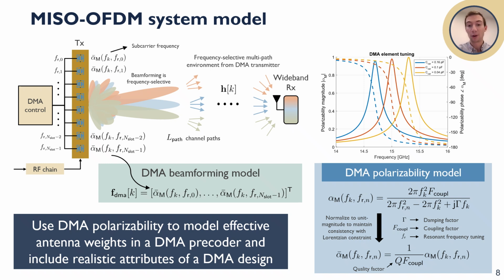All these things can be incorporated into this polarizability equation to give us an effective antenna weight that not only works for narrowband, frequency-flat cases, but also characterizes the full element response across frequency, which is what we can see there in that DMA element tuning plot. So these will be our effective antenna weights for our DMA precoder across frequency.